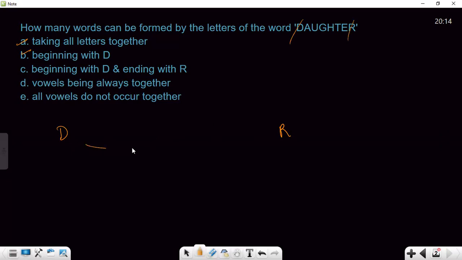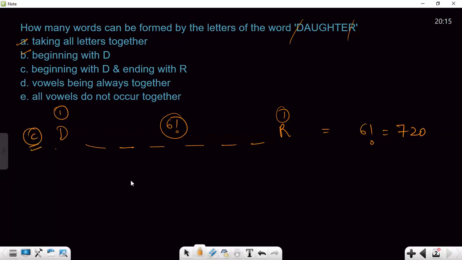Now we are left with 6 places to be filled with 6 letters. So 6P6, or 6 factorial basically. How many choices for the first letter? Only one choice. How many choices for the last place? Only one choice. So 1 into 6 factorial into 1 is 6 factorial, which is 720. Is this part clear, everyone? C part?